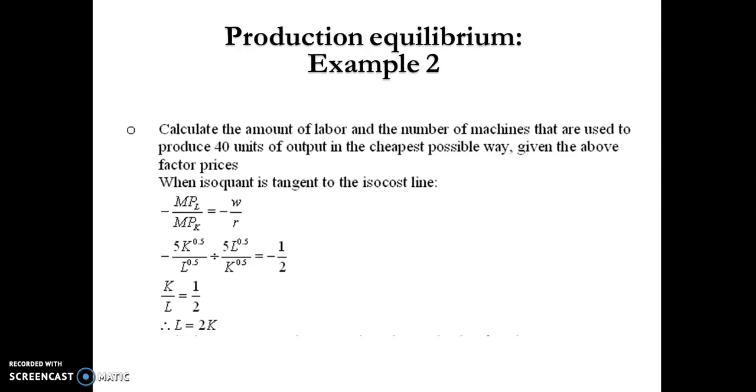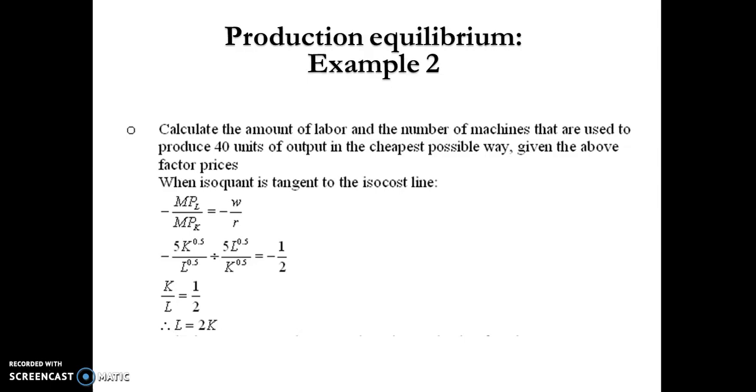So in the numerator, I have 5K to the half times K to the half. So therefore, the halves add up to 1. So I just have 5K. And in the denominator, I have L to the half, multiplied by 5L to the half. So I just add the exponents. So I have 5L. So therefore, the 5s would cancel.